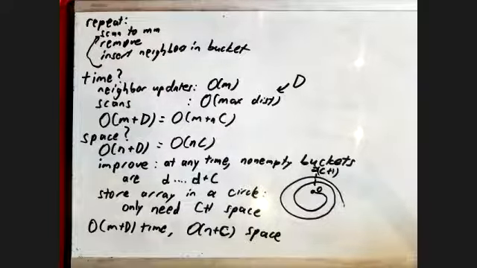Yes, question? I didn't see that you put the N in the front in the space. Yes, exactly, because we do need to record something for each vertex, right? I started by saying, suppose the weights are small integers, but even if they're big integers, this is pretty good. If your C is tens of thousands, it's still going to be dominated by the size of the graph.